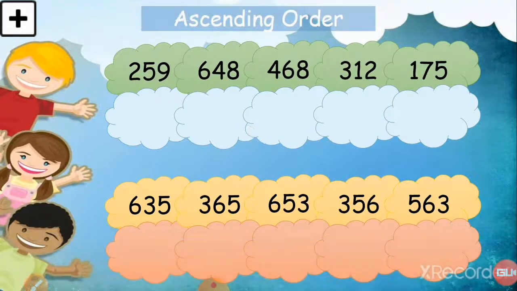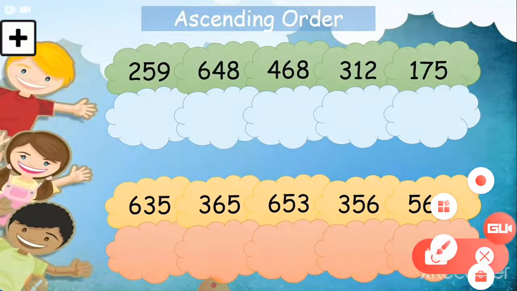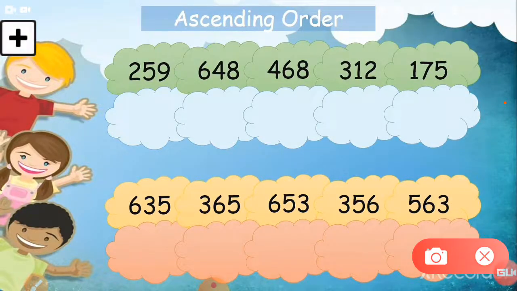So let's start arranging. You tell me what number will come first. We are going from smallest to greatest number, so tell me which is the smallest number here. Let's check the hundreds digit first. Which is the smallest? I know your answer is 175.